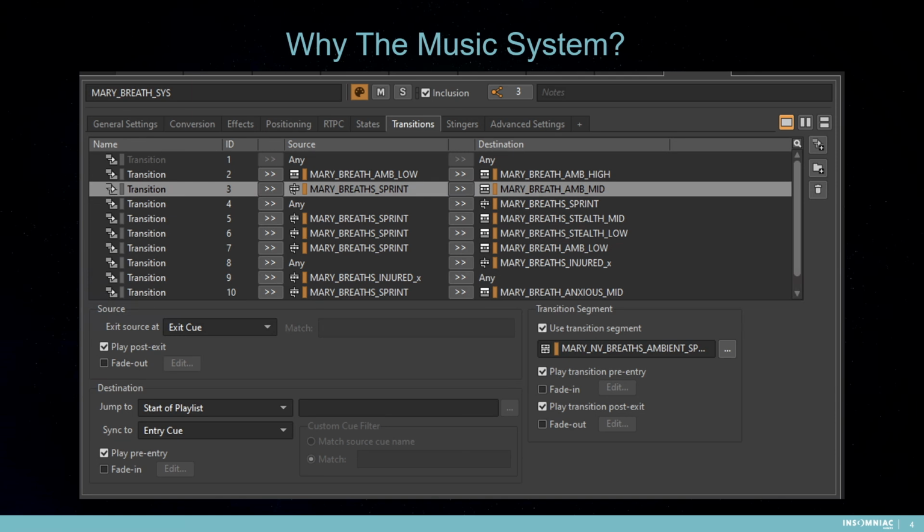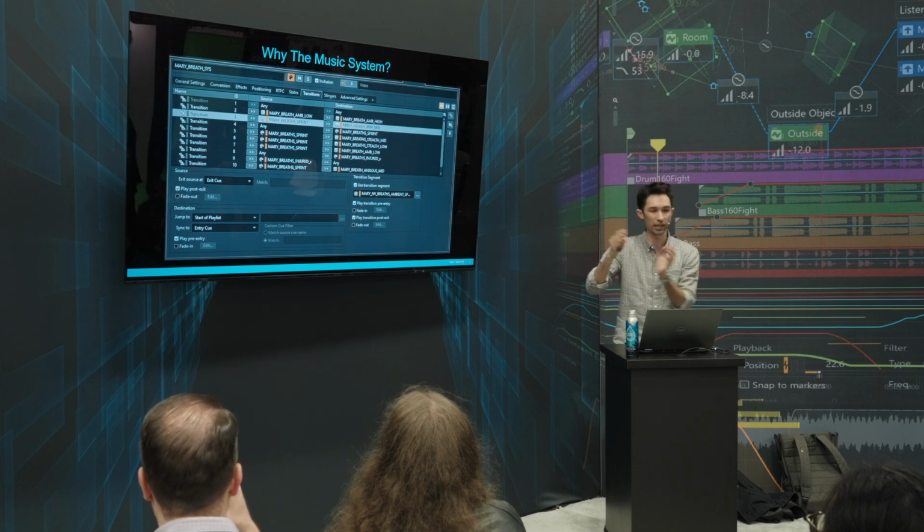Here at the source, in the bottom left-hand corner, are rules that dictate what to do with the source breath when it transitions to the destination breath. For example, we can say exit source at exit cue. I'll talk more about exit cues later, but basically every clip in the music system has an entry cue and an exit cue.